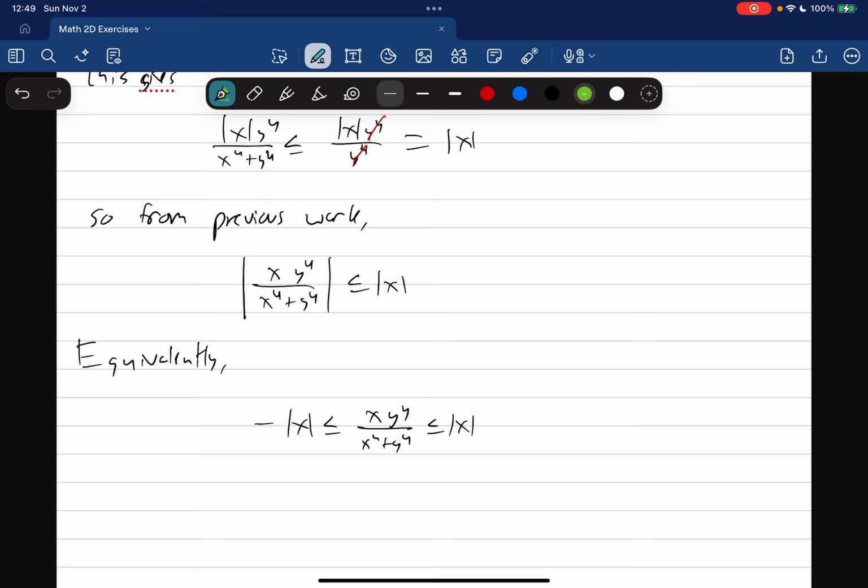But let me remind us of what that theorem says before I do so. So I'll write it over here. Squeeze theorem.